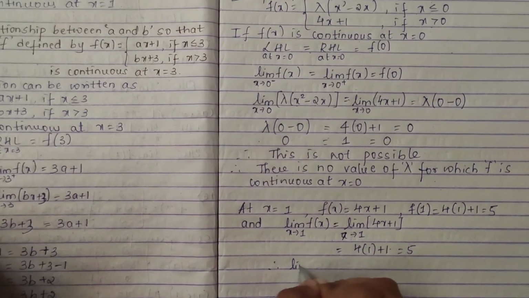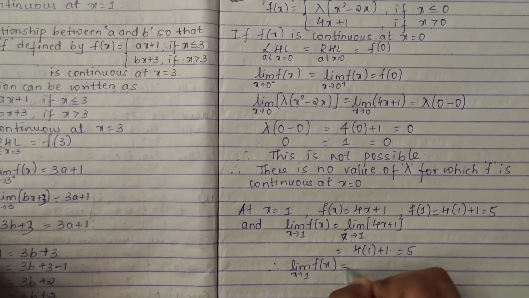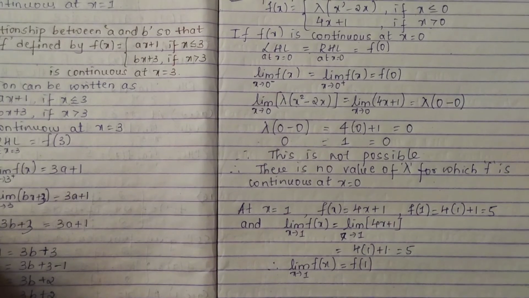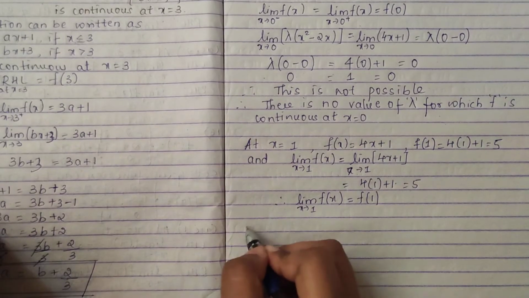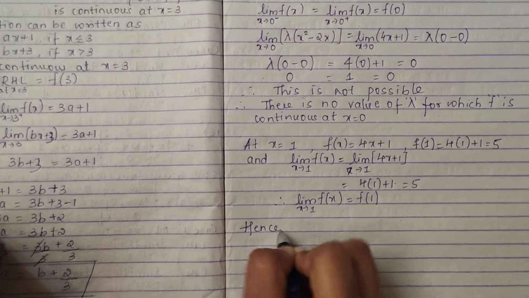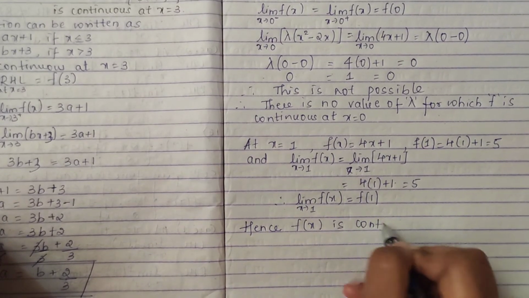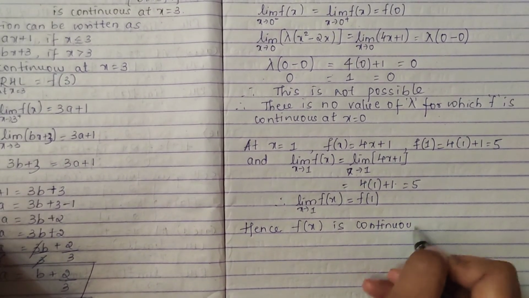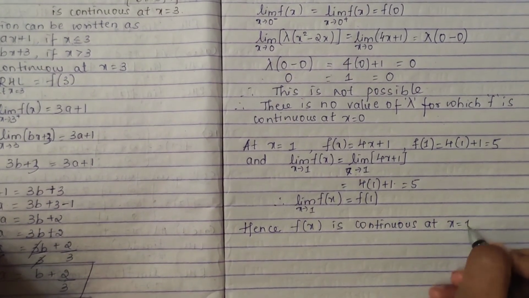Therefore limit f of x as x tends to 1 is equal to f of 1. We got the same value. Hence I can write f of x is continuous at x is equal to 1.